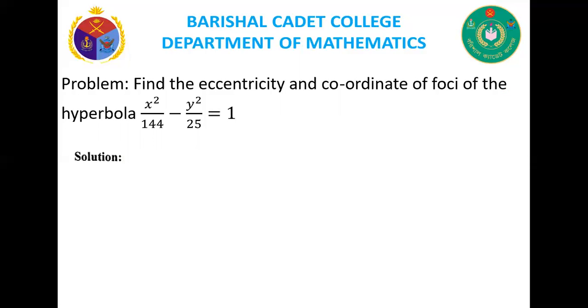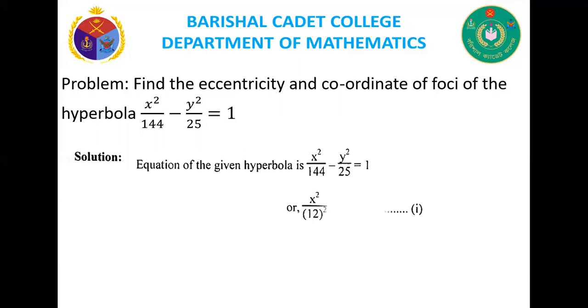So start. Equation of the given hyperbola is x square divided by 144 minus y square divided by 25 equal to 1. You can easily write 144 equal to 12 square and 25 equal to 5 square.